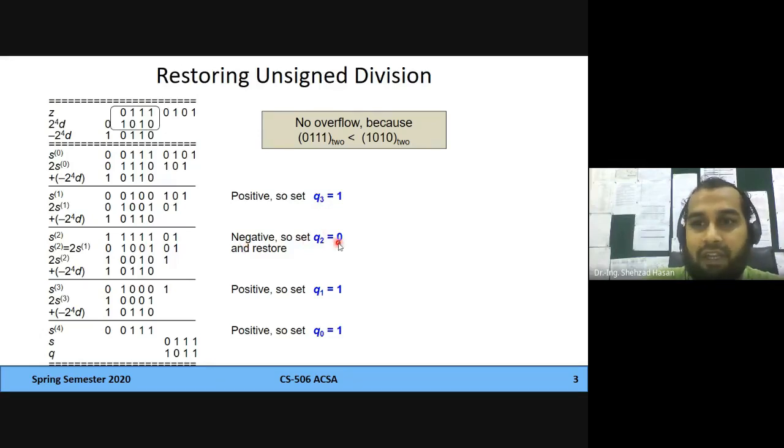If the result is negative, you set that bit to 0 and then restore it. Restoration means go back to the same value that you had before the subtraction. So we are going to restore it at this point, right? So this is the second step completed, right? So we are going to now start from the third step.